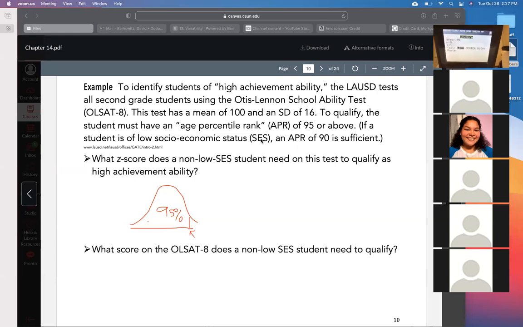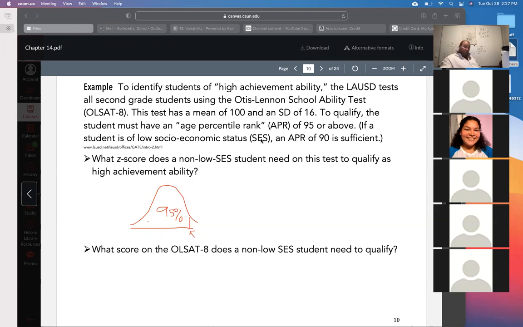So if you want the area on the left, we want 95%. If you want the area on the right, we want 5%. On the site that I'm using, there's above, below, and between, and then there's an outside option as well. So if you want below, that would be 95%. And if you want above, that would be 5%. And we're not doing in between here.